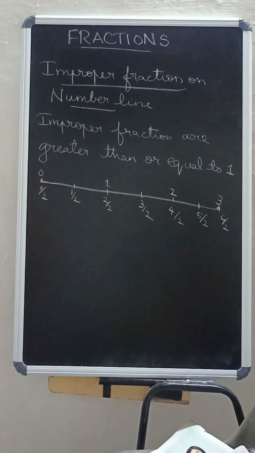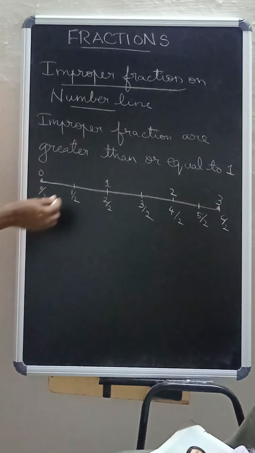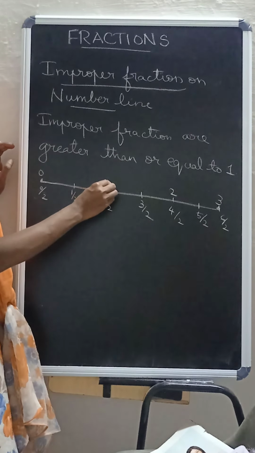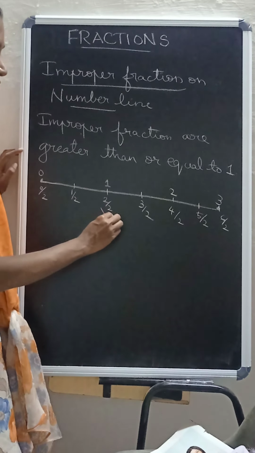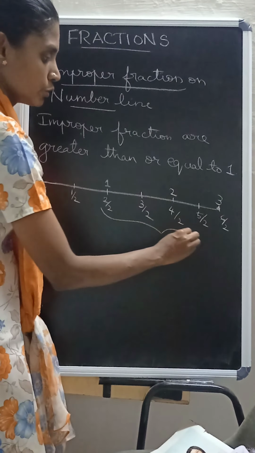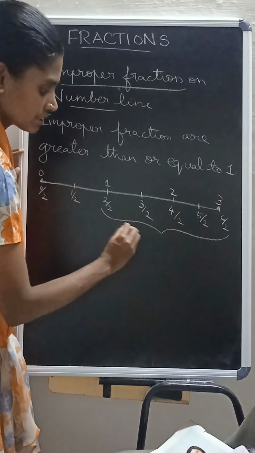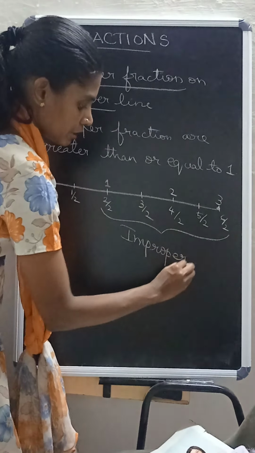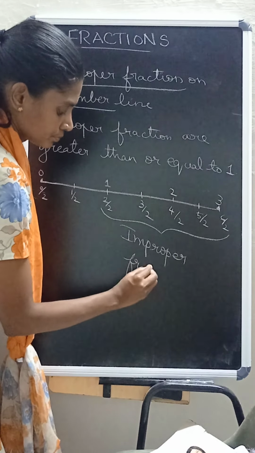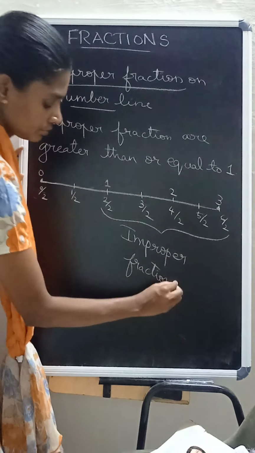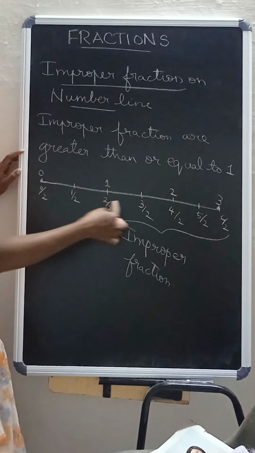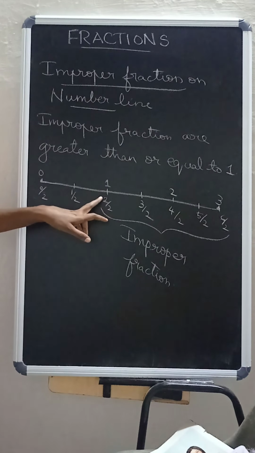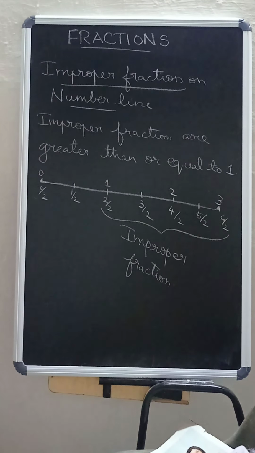Now we will represent improper fractions on the number line. Improper fractions are greater than or equal to 1. So from this 1 itself it will be an improper fraction. It will be greater than or equal to 1. So this is an improper fraction. 1 or greater than 1 is an improper fraction.